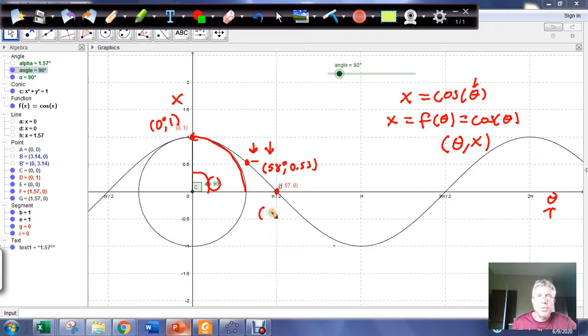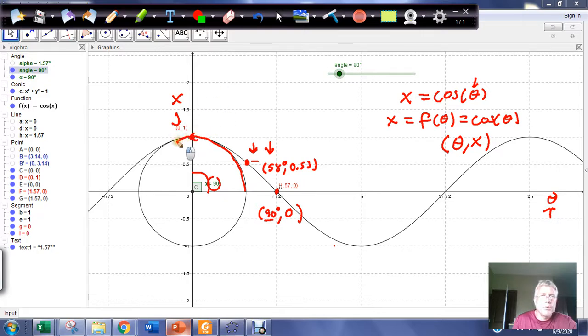It should be input the angle, which is 90 degrees, and output the x-coordinate. But what's the x-coordinate up here at the top of the unit circle? Well, at the top of the unit circle, the x-coordinate is 0. So at 90 degrees, the output is 0, the x-coordinate on the unit circle. And we just continue to sweep around the unit circle.